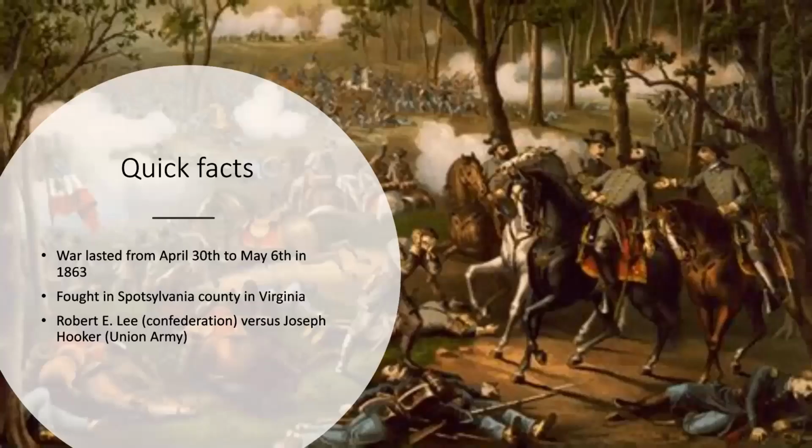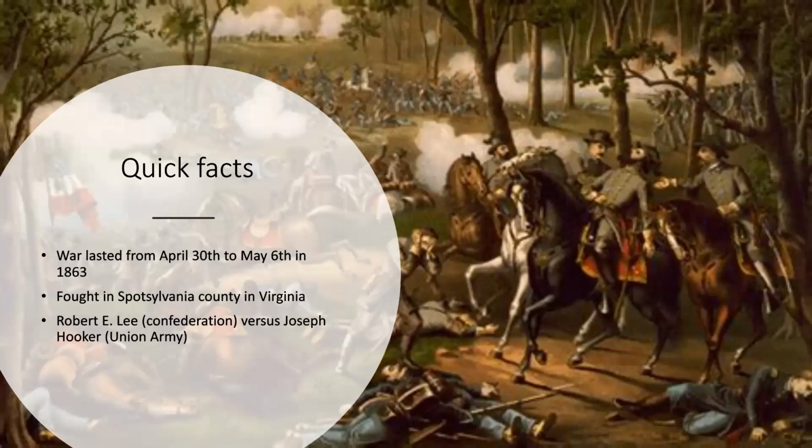A couple quick facts before we begin about the battle was that it lasted from April 30th to May 6th, and this was happening during the Civil War, obviously, in 1863. This battle was a victory for the Confederacy and Robert E. Lee during this time.